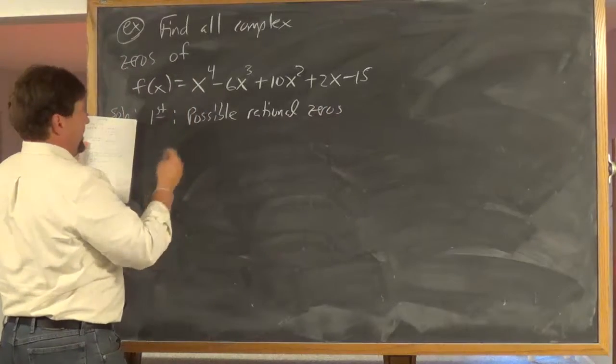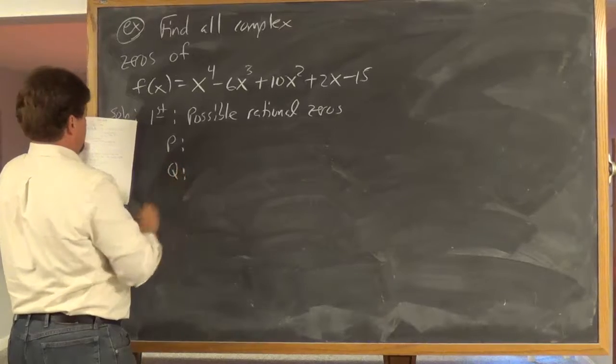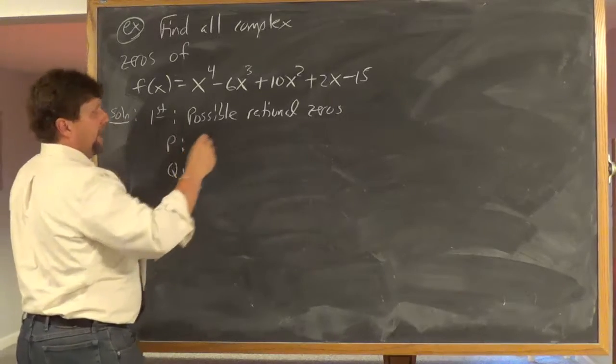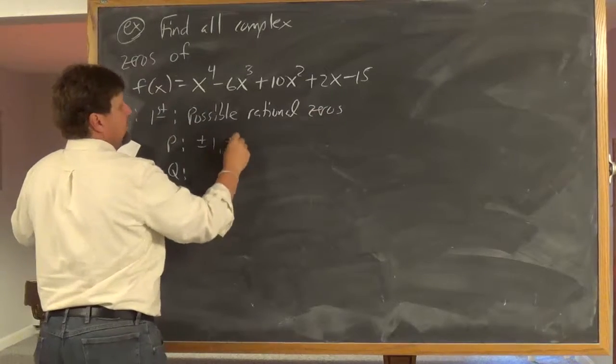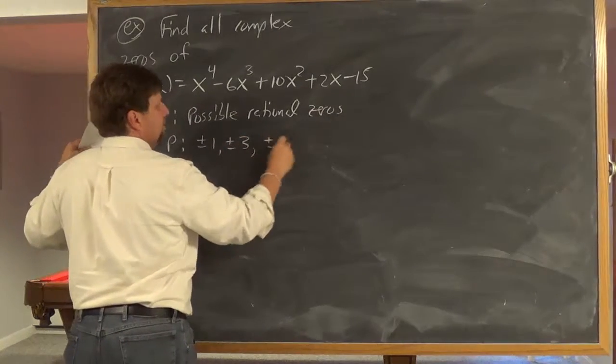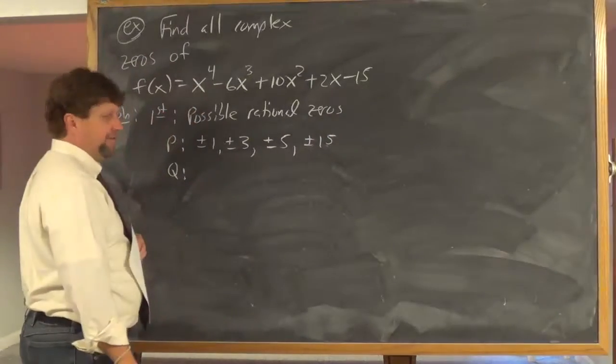Well, remember we got to write down the factors of P and the factors of Q. Remember, P will be the factors of the constant term. So it's plus or minus 1, plus or minus 3, plus or minus 5, and plus or minus 15.